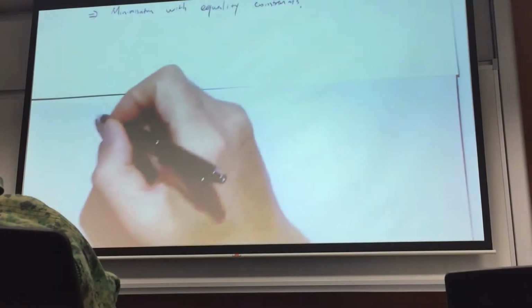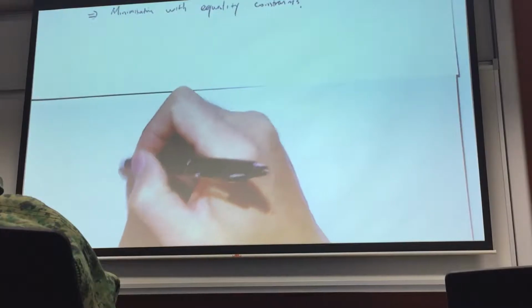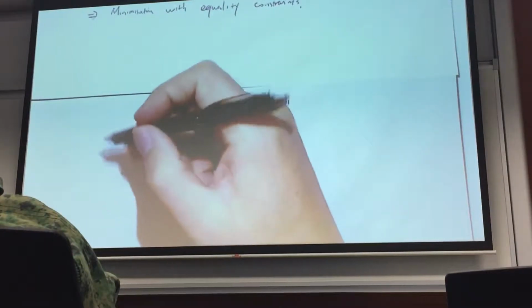In the solution to this problem, we require some mathematical derivation. So you will see a lot of mathematics in this lecture.